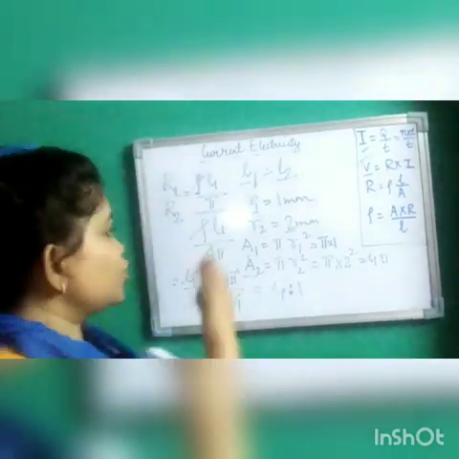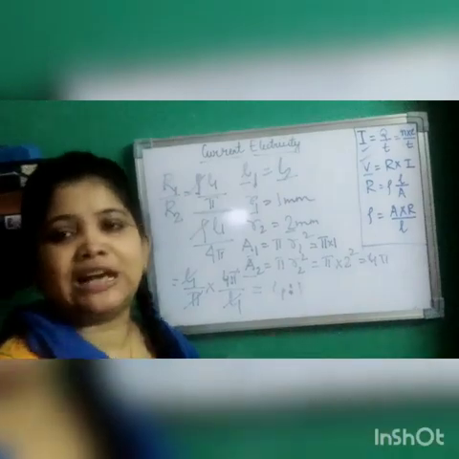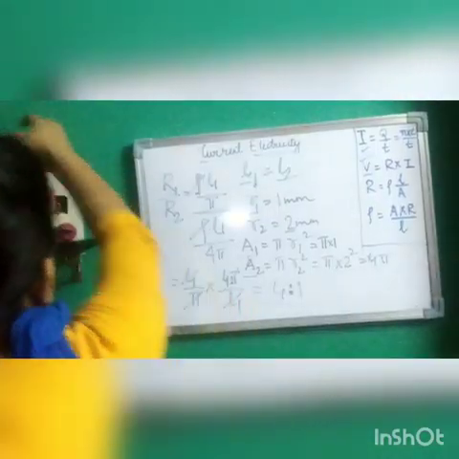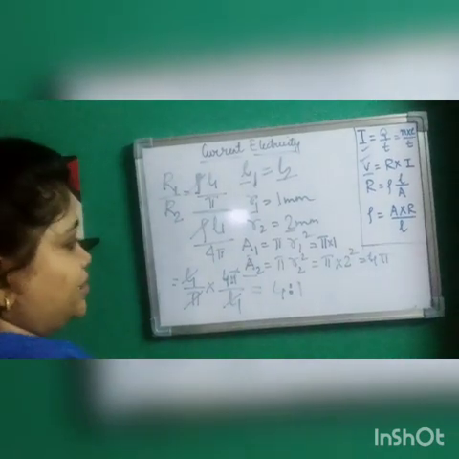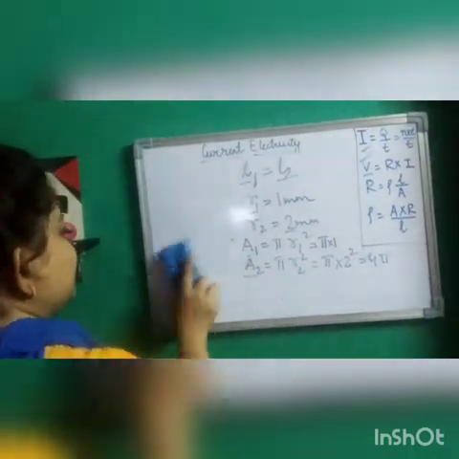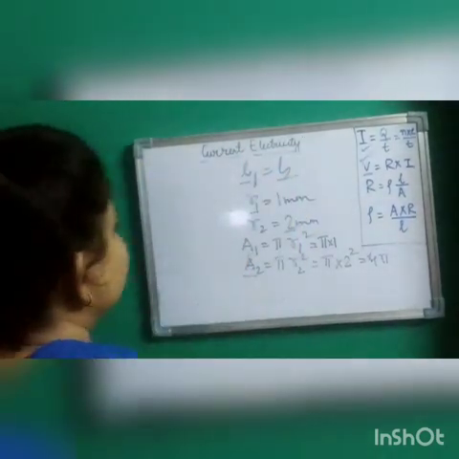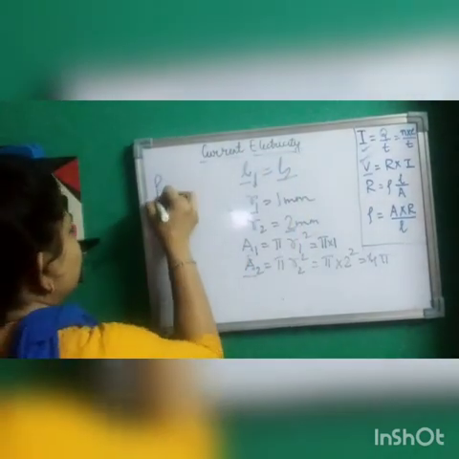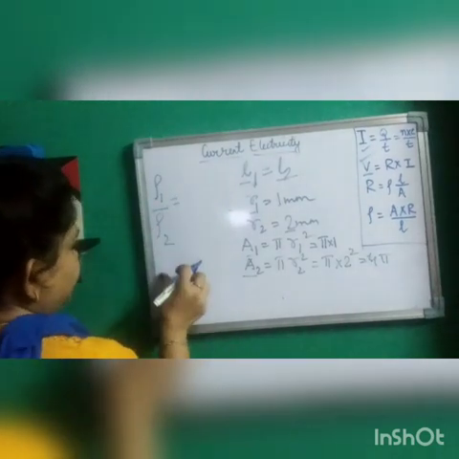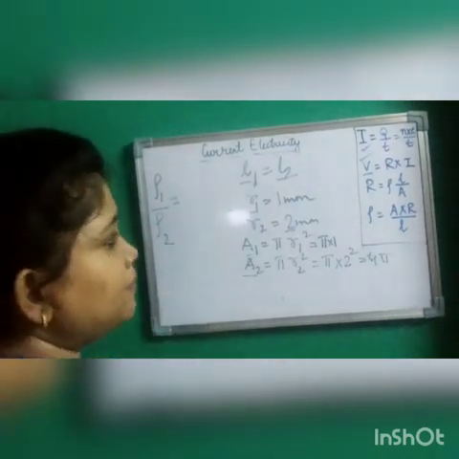Okay, students, so you just need to put the correct values and you get the sum properly. Now let us find the ratio of the specific resistance. Let's do the specific resistance. So look at the specific resistance formula. See here, students, we are finding rho 1 by rho 2.